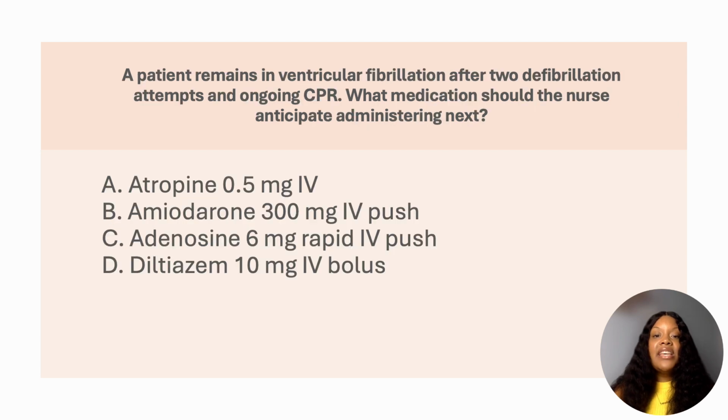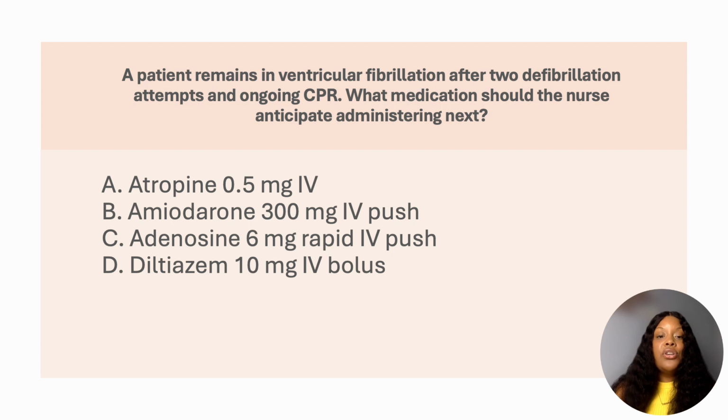A patient remains in ventricular tachycardia after 2 defibrillation attempts and ongoing CPR. Which medication should the nurse anticipate administering next? Is it A, atropine 0.5 mg IV, B, amiodarone 300 mg IV push, C, adenosine 6 mg rapid IV push, or D, diltiazem 10 milligrams IV push.